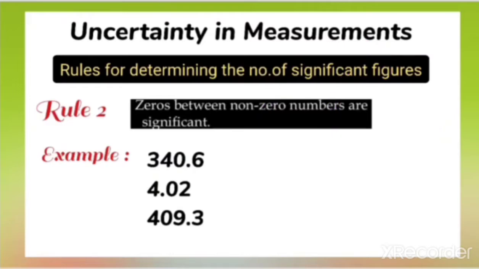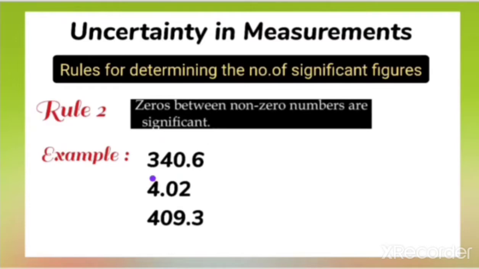Let us check the significant figures for this one. 3 is significant because of the first rule, 4 is significant and even 6 is significant. What about 0? Because 0 is between the non-zero numbers, it is significant. So what is the total number of significant figures here? 4. Now look at the second case.